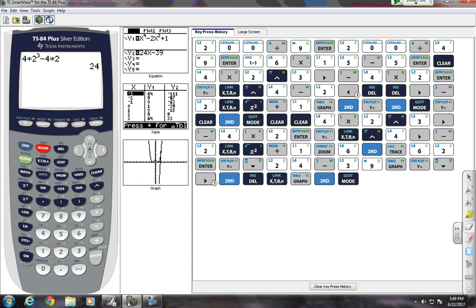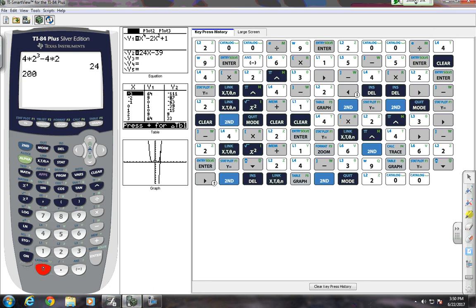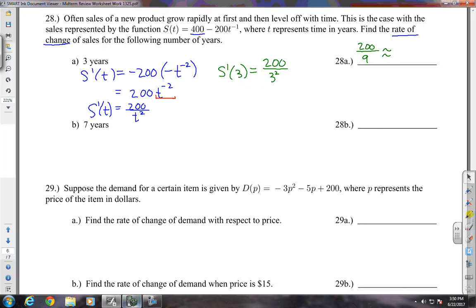We will type in 200 divided by 9. We will round this to 2 decimal places. When you're working with money, you always go 2 decimal places. So this becomes $22.22 per year. Remember, t was time in years. So I'm measuring dollars per year when I calculate the derivative.